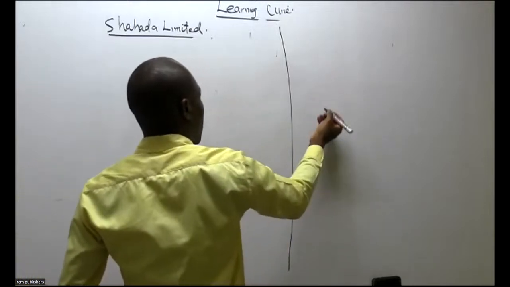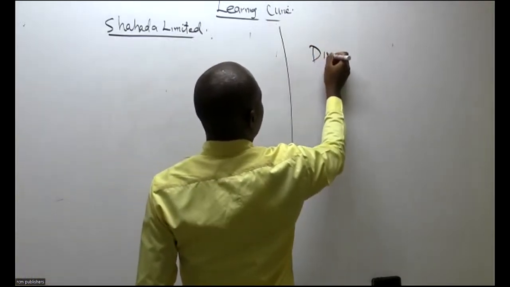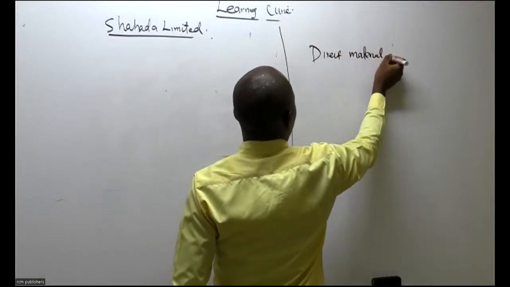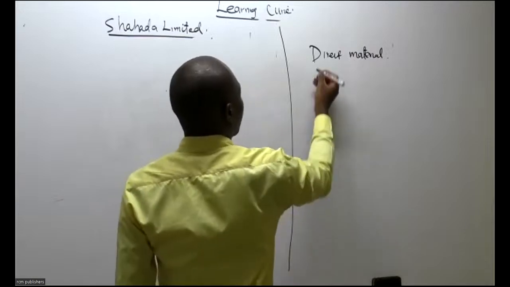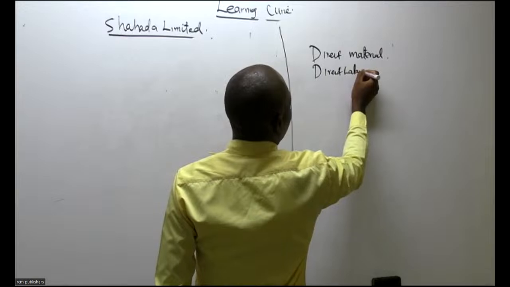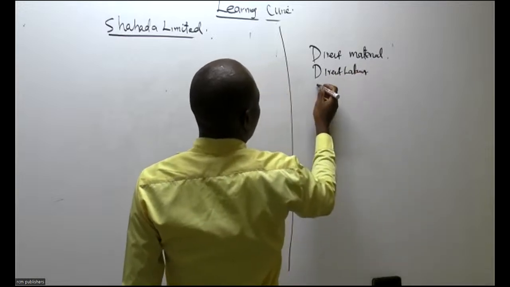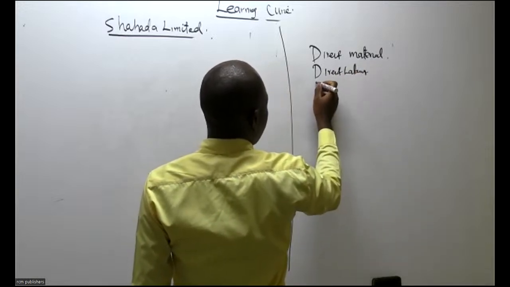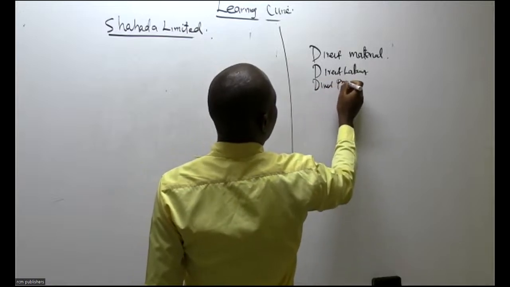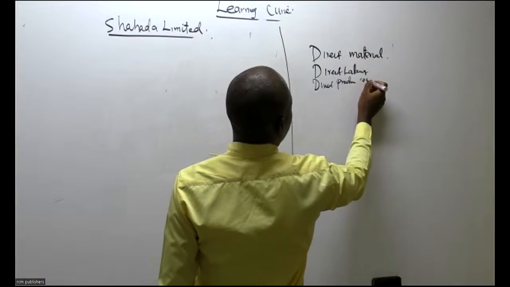For us to get the product cost, we need direct material, and there they are talking about unit, so the cost per unit. Direct material, we need direct labor. If we add these two, we are supposed to arrive at any other direct production costs.